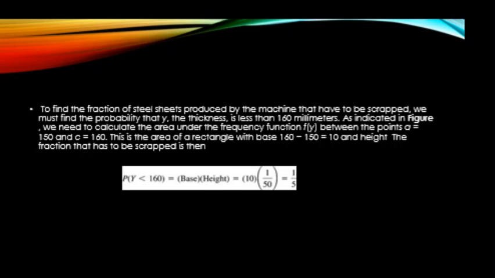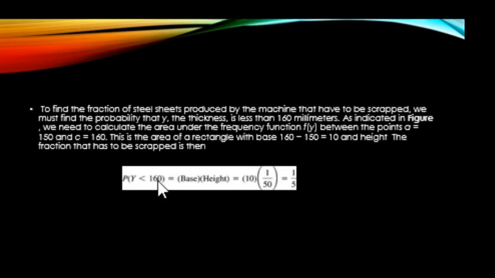Now, to find the fraction of steel sheets produced which will be scrapped, we know that if the thickness is less than 160, it will be scrapped. There are a couple of ways we can calculate this. We can use integration, or because we saw the shape is a simple rectangle, we can just calculate it as the area of a rectangle.